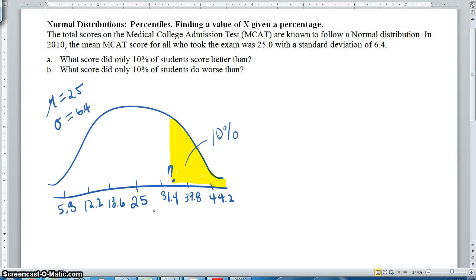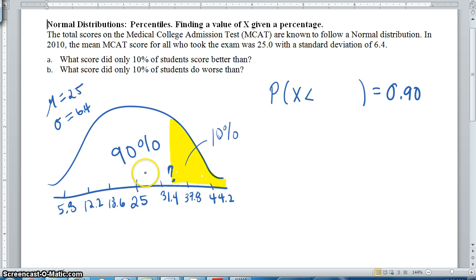Well, we can do this by finding the z-score that is associated with this value. So what I mean by that is we want to find the probability that x is less than some score is equal to 0.90. Now, why did I do that? Well, because the value that cuts off the top 10% also cuts off the bottom 90%.